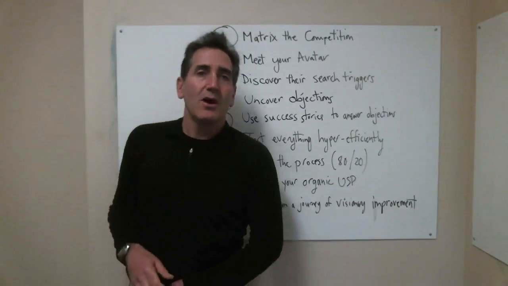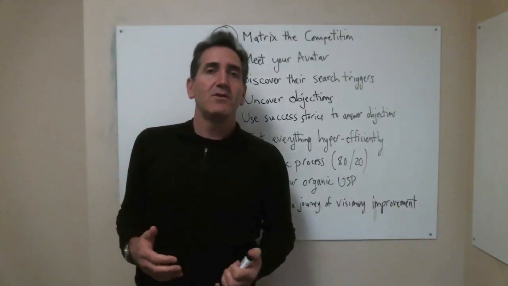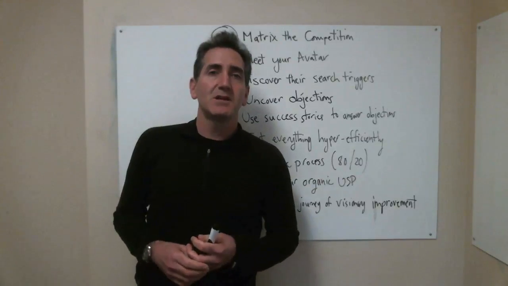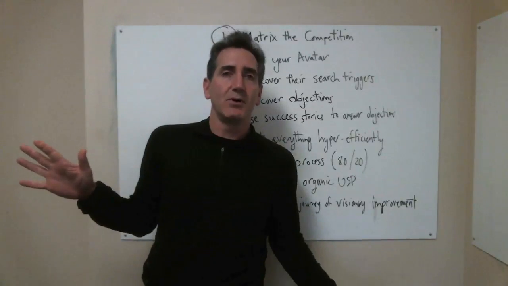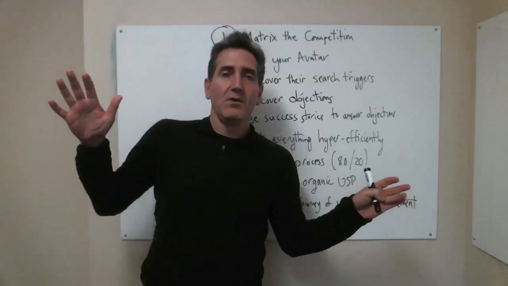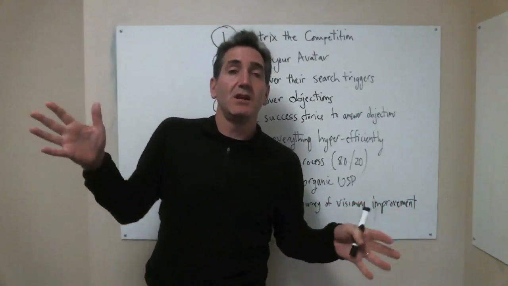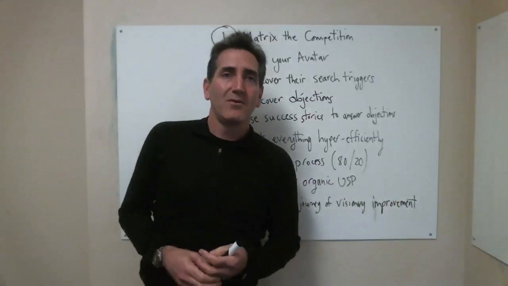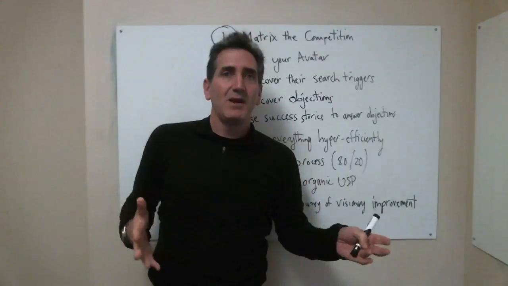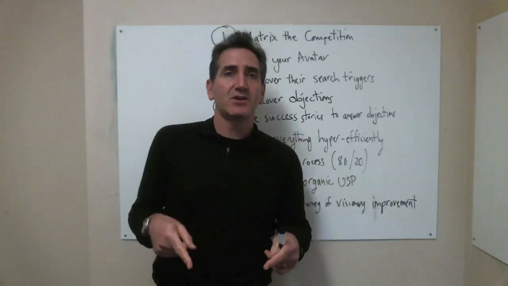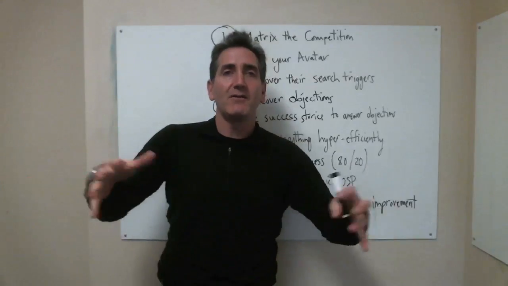Step 2, meet your avatar. Those of you who know my work know that I'm really big on the avatar process, which is taking your ideal customer, your sort of 30 to 45-year-old male who lives in a Midwestern city, whatever the details are, that's a big diffuse concept. That's not a person. The avatar is a fictional character that you create out of an aggregate.